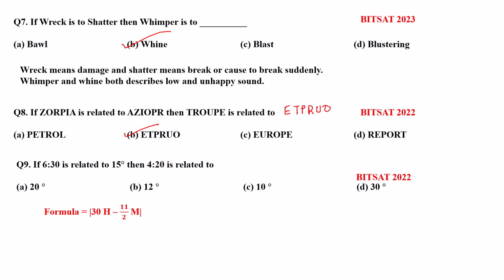H means hour, and here the hour is 4 and the minute is 20. Just put in the formula, and it is a mod, because if you get a negative answer, you have to take the positive one. So 30 into 4 minus 11 by 2 into 20. 2 and 20 you can simplify, so you will get 120 minus 110. So the answer is 10 degree. So C is the correct option.